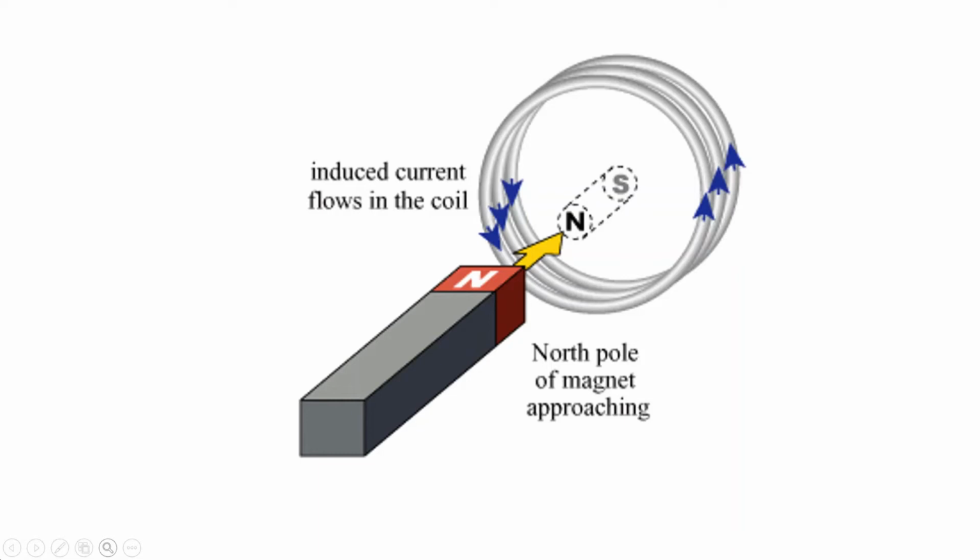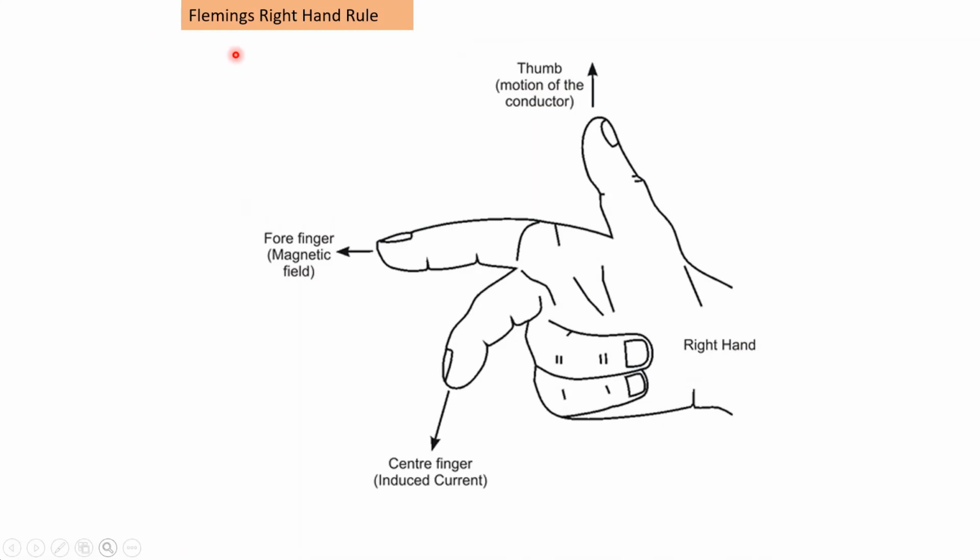The direction of induced current can be understood by using Fleming's right-hand rule. Let's understand Fleming's right-hand rule in order to find the direction of induced current. Stretch the thumb, the central finger, and the forefinger of your right hand mutually perpendicular to each other as shown.